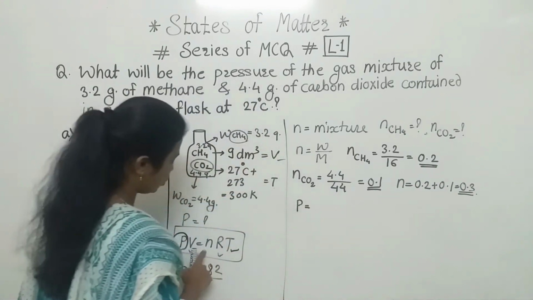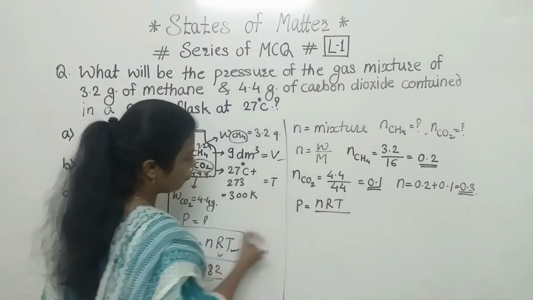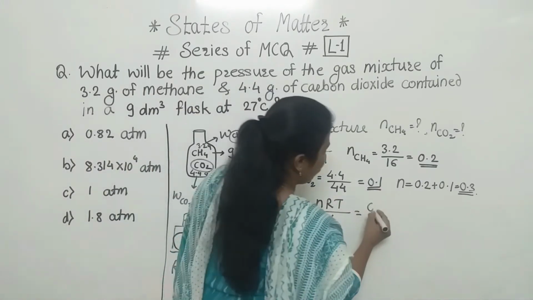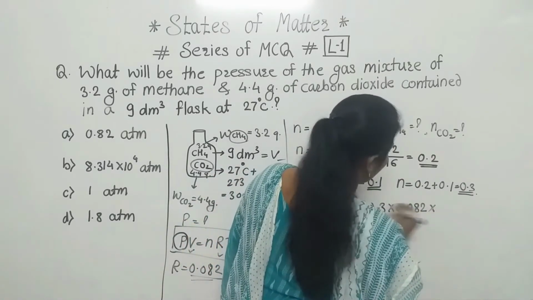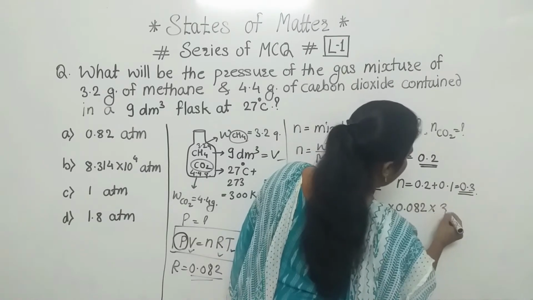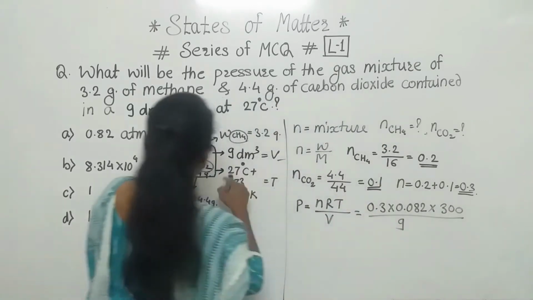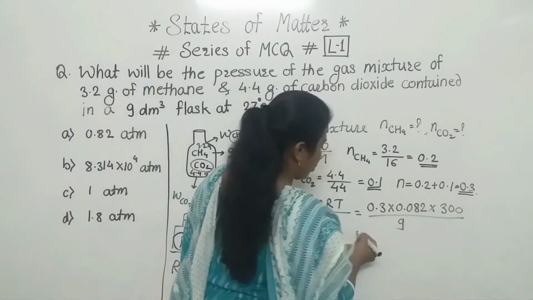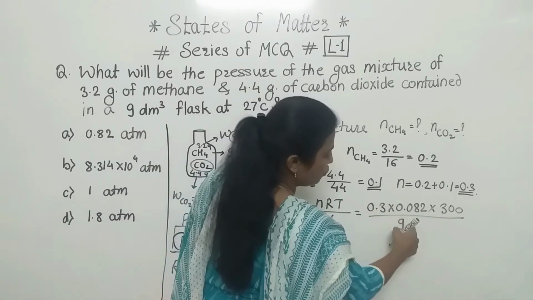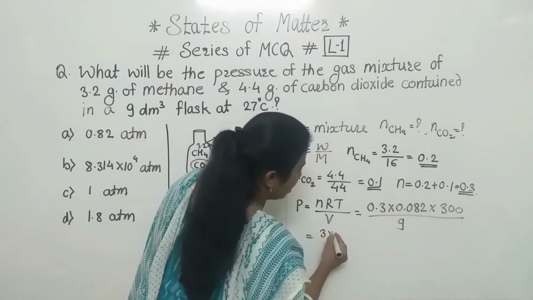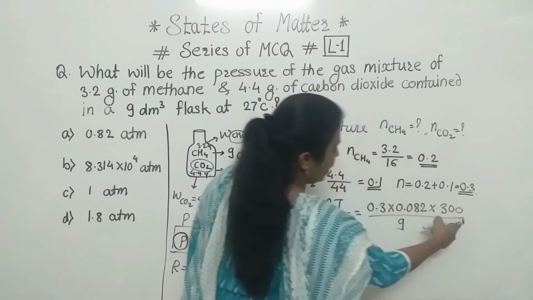So P is equal to, just modifying that equation, nRT divided by V. Now n is 0.3, R is 0.082, into T is again 300, divided by volume, that is 9 decimeter cube. Now simply what I am going to do here: in 0.3 I am shifting one decimal, so 10 gets added, so 3, and 2 decimals get shifted because of the 0.082.